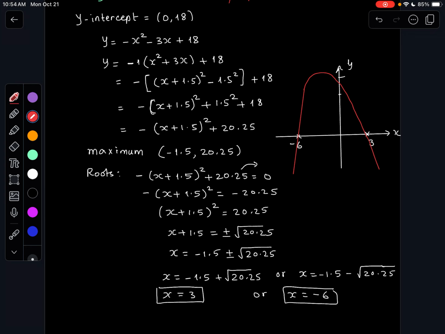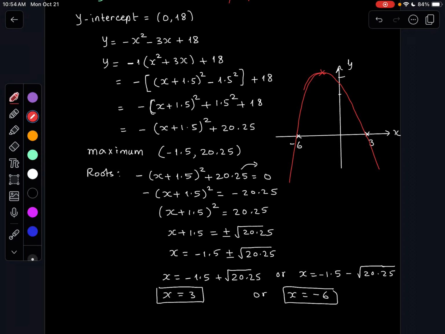Right. So it's not that good. Let's try again. So we could say that this point over here is looking a little bit crooked.